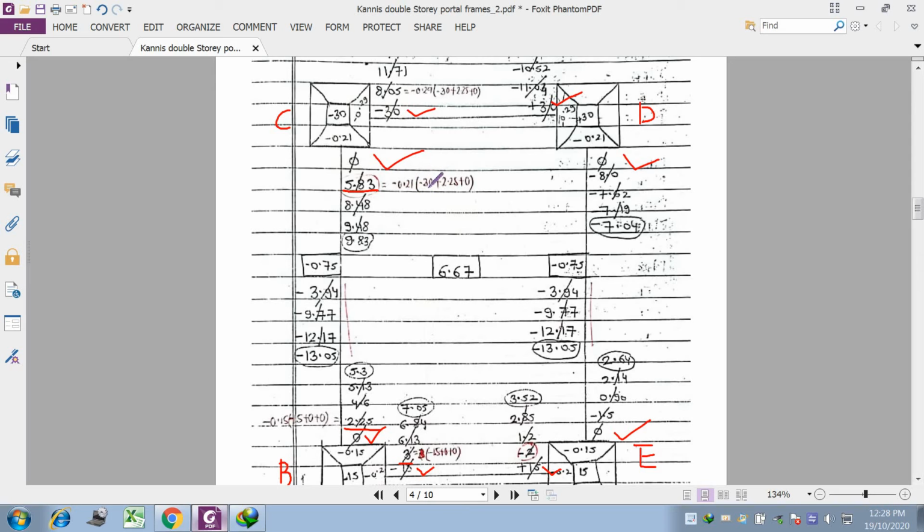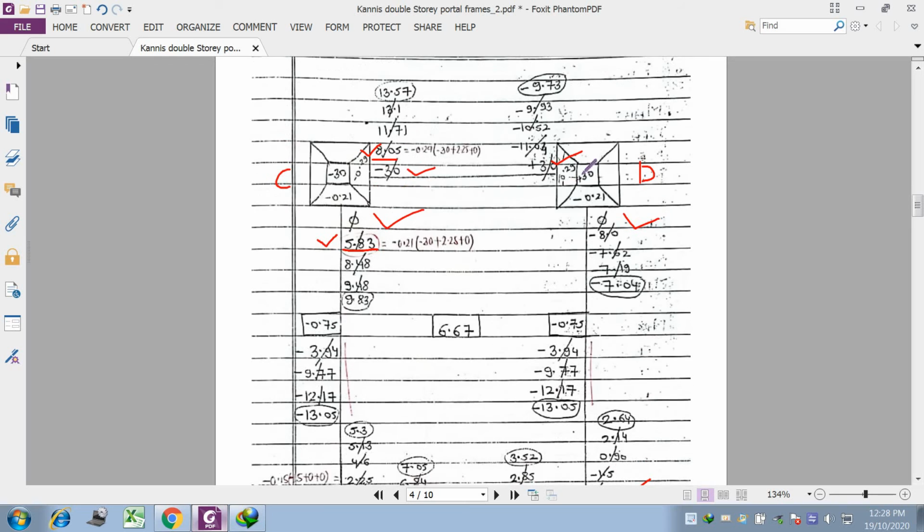Inside the bracket minus 30 plus 2.25, whatever value you obtain, multiplied by minus 0.21, you will get the answer as 5.83. Similarly, you only have to replace this minus 0.21 with minus 0.29. You will get the answer as 8.05 for the second case. So the first iterated value at the joint C you will get. Similarly at D, let us see how this minus 8 and minus 11.5 you will get.